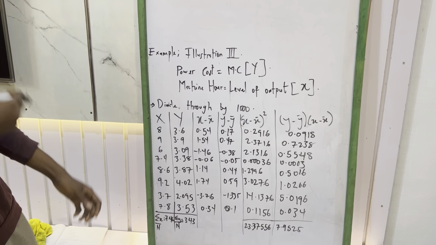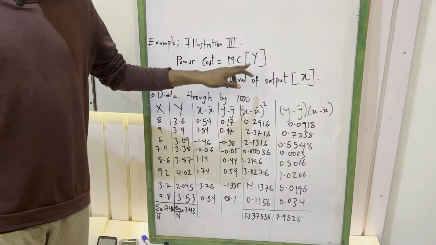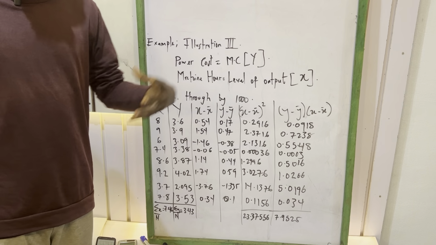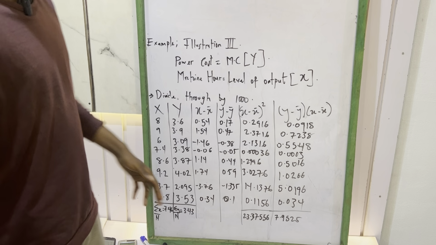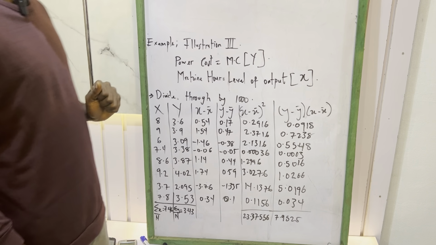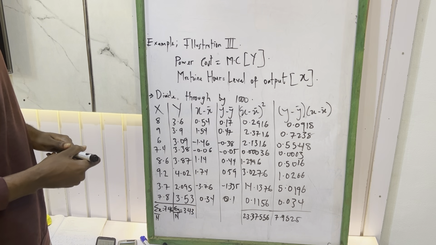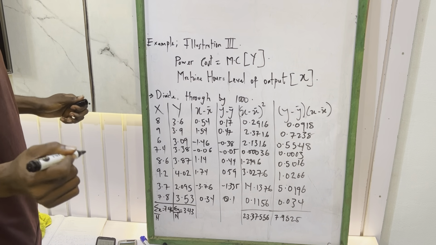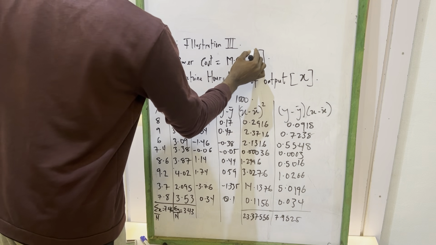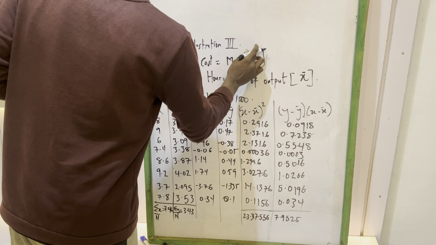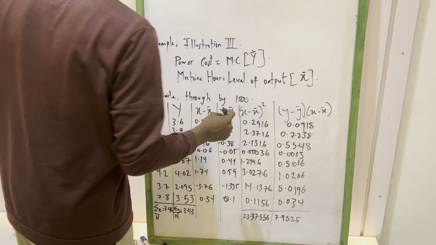So, like I said, our power cost, our mixed cost, which we'll represent as Y, and our machine hours, which is the level of output. Remember, in the last one, it was the students' population, representing X. To make things clearer, let me use prime here, because there's a lot of Y's and X's.